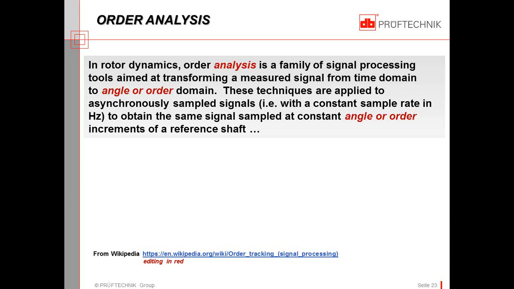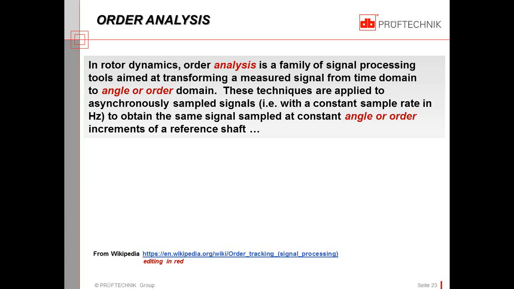So these techniques are applied to asynchronously sampled signals, that is, signals that are sampled with a constant sample rate, such as we have in an FFT. That constant sample rate is a function of Fmax, and it happens to be 2.56. That's that magical weird number that we use to define a sample rate.